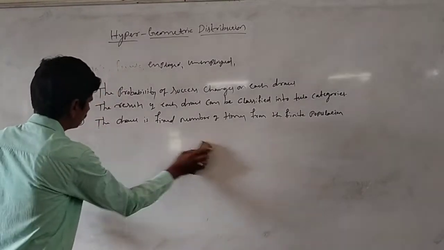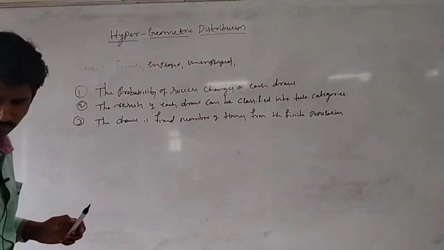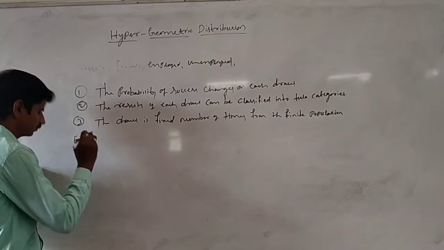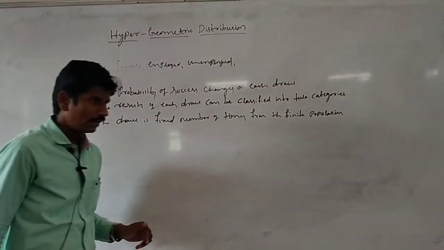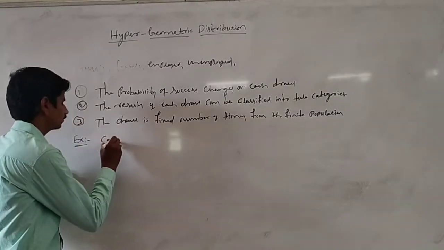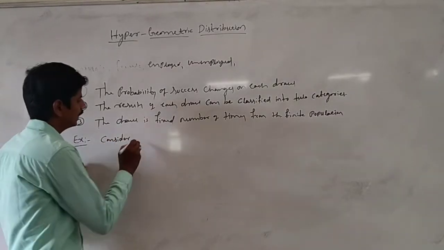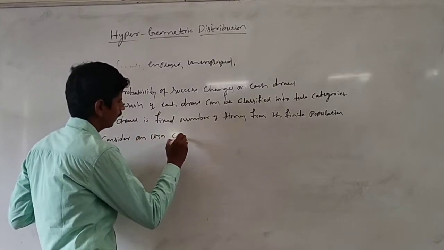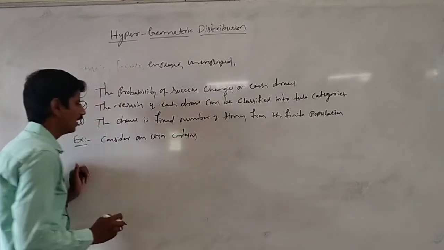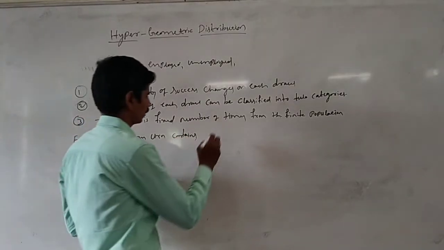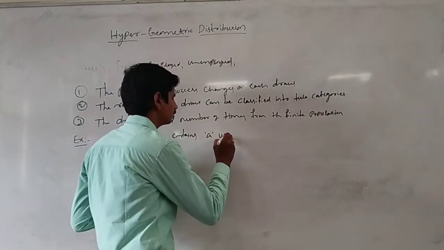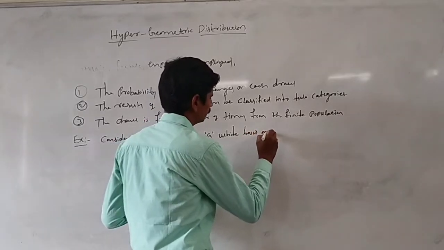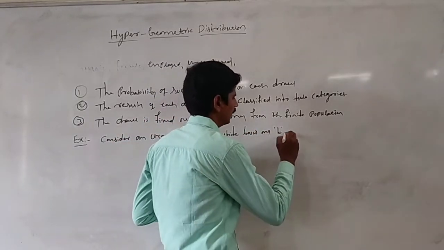Next concept, for example: consider an urn that contains A white balls and B red balls.